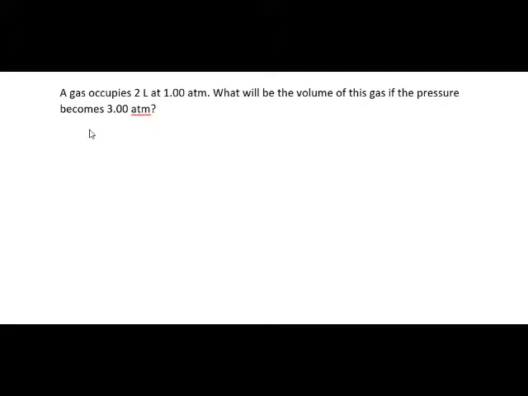Let's try one last one. A gas occupies 2 liters at 1 atm. What will be the volume of this gas if the pressure becomes 3 atm? All right, let's do this again.